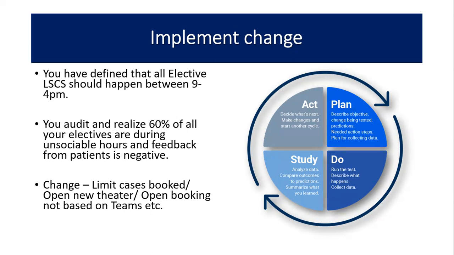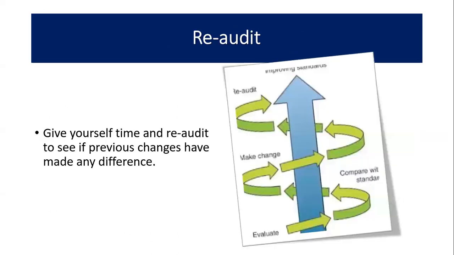So these are all things that you do in a quality improvement project to try and address problems that arise from your audit, and give some time for your improvement projects to work, and then you re-audit again. So you close the loop in your cycle and re-audit to see if you're making systemic improvements in the organization.